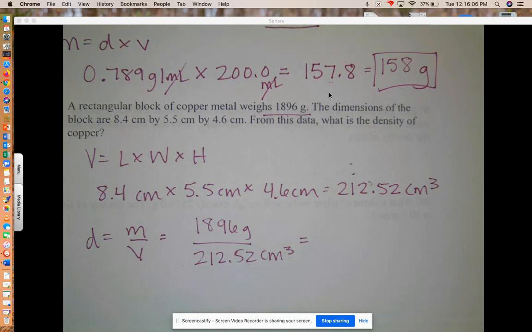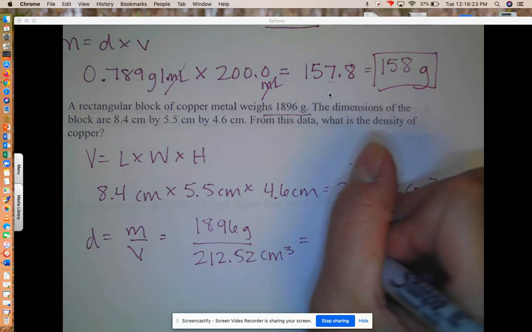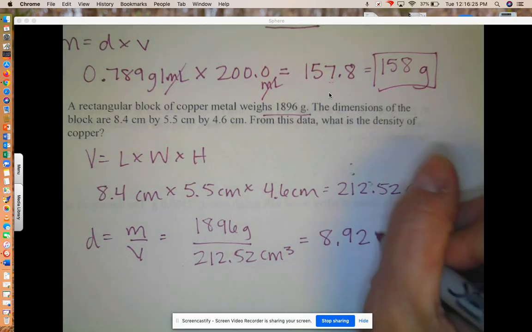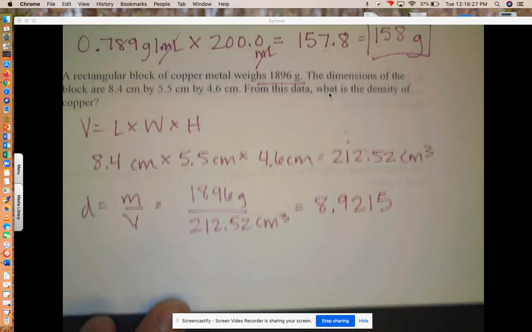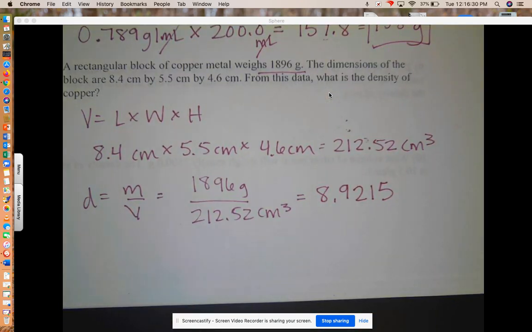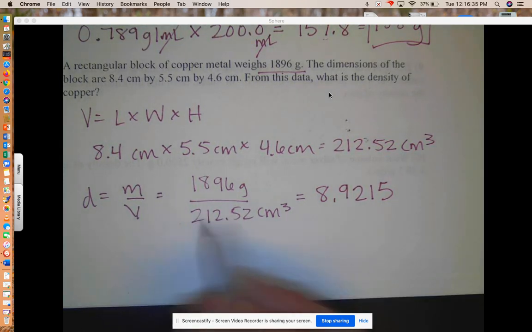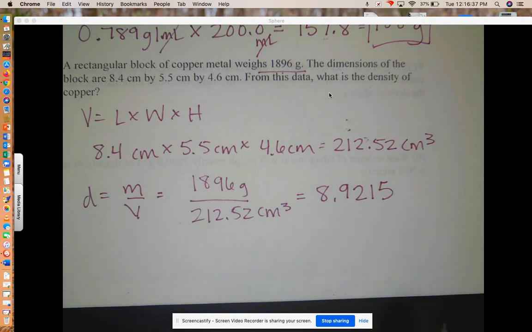So you just use the numbers that you've got, then round to sig figs for your very final answer. So when I work that out, 1,896 divided by 212.52, I get 8.9215. Check me on that. Is that what everybody else got?